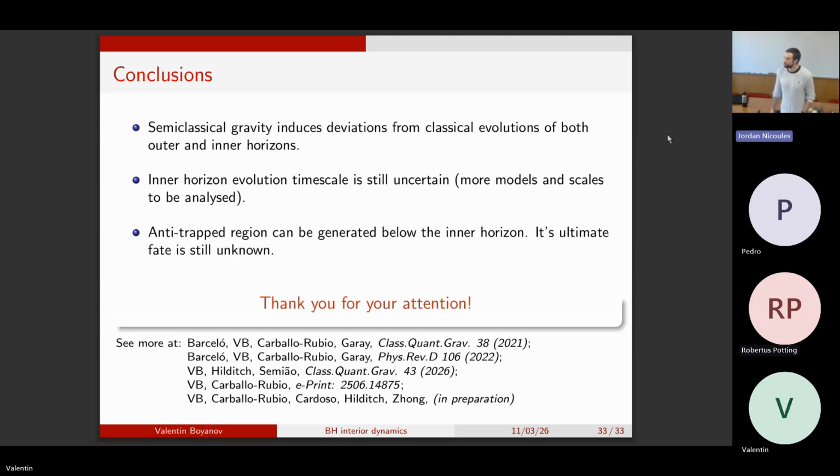Okay. Patrick, regarding this anti-trapped region, is it amplifying numerical noise, for instance, since everything would go out and... Yeah, also when the horizons are still present, we're finding that now when we're trying to add classical matter to induce classical mass inflation as well.